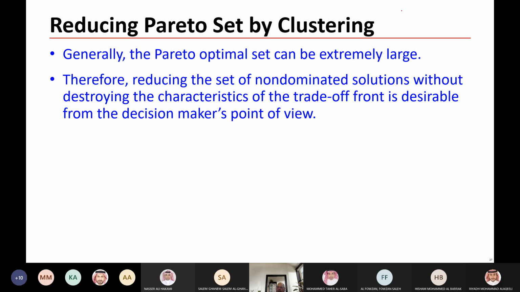So if you have, for example, these solutions, how to do clustering for these solutions? What do you think?